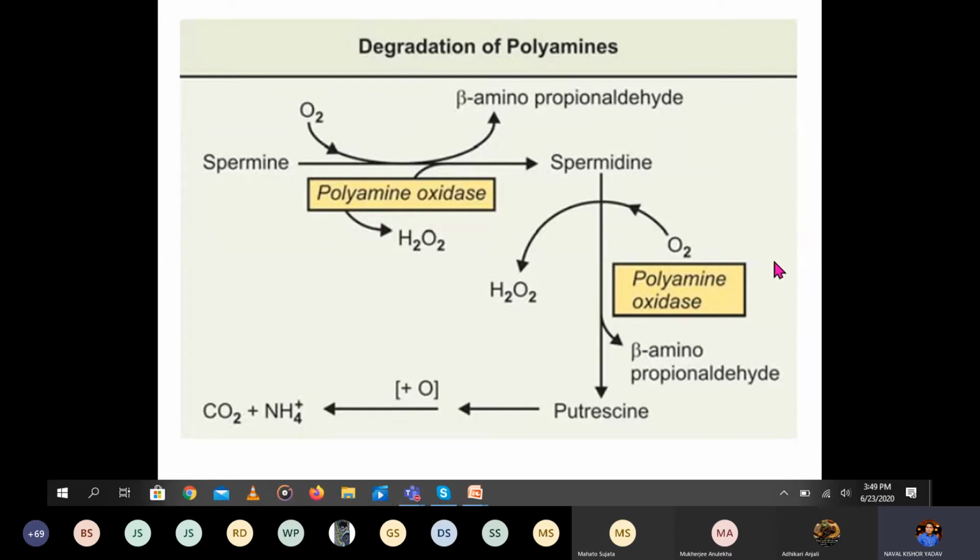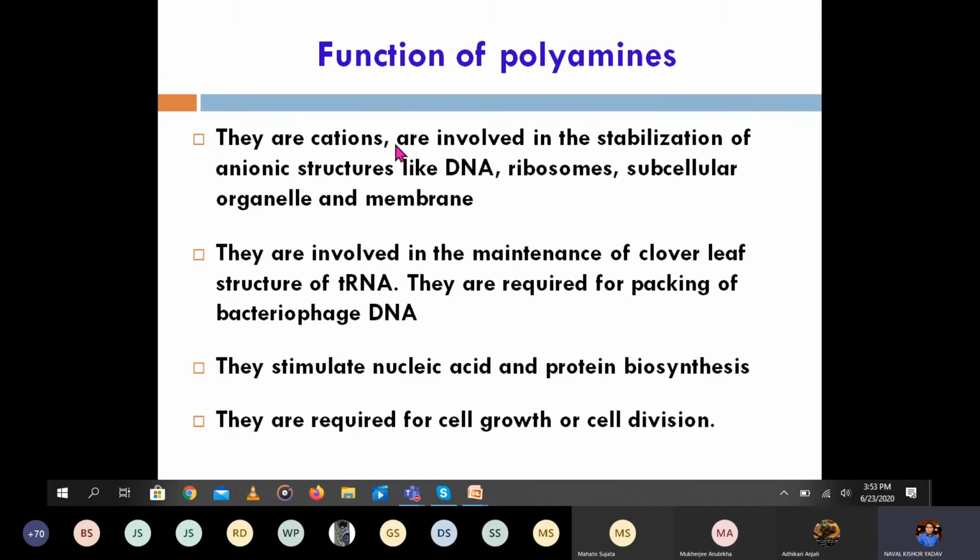In a simple way, you can see it in the diagram. So spermine, with the addition of molecules of oxygen, forms spermidine, then putrescine, and finally carbon dioxide and ammonia. By polyamine oxidase, you can see here H2O2 is also released during the degradation process.